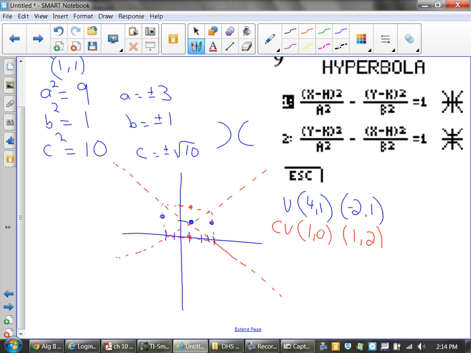B over a. So I know my slope is going to be b over a. So your slope here would be plus or minus 1/3. Or you could just count the rise over run. You can, but it's not always that clean.